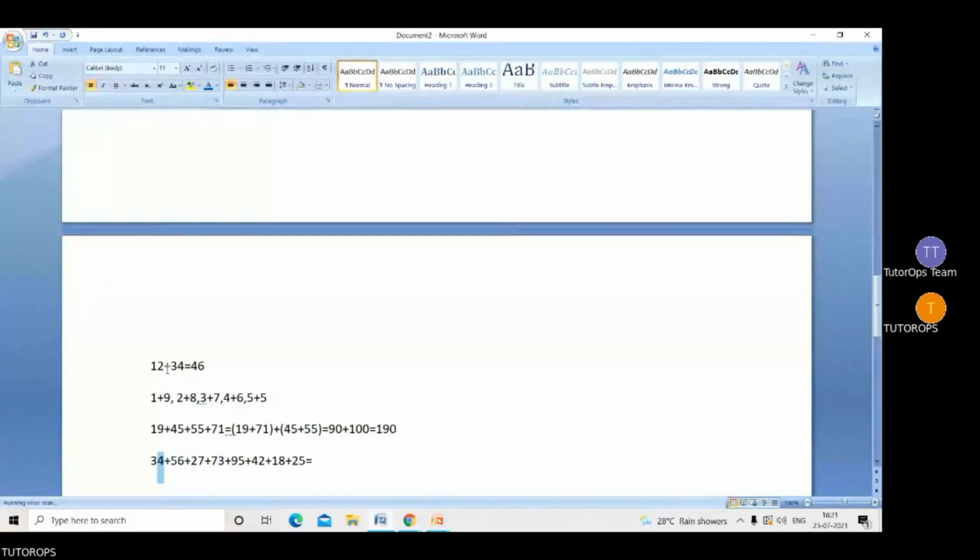So for better understanding, I am underlining the last digit: 4, 6, 7, 3, then 5. For 42 it will be 2. Then for 18 it will be 8.